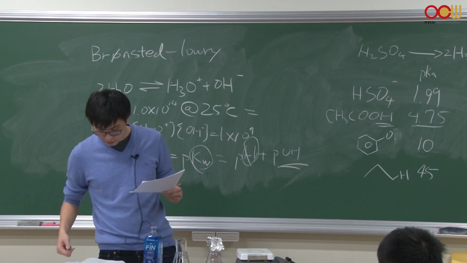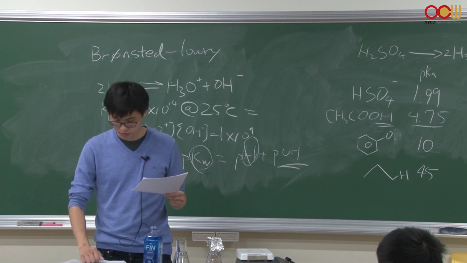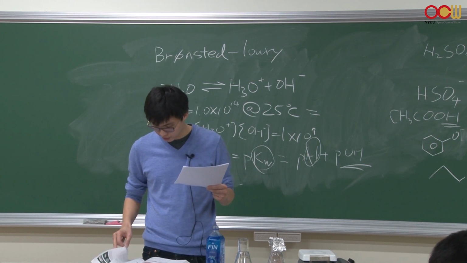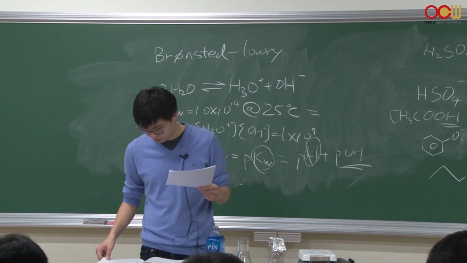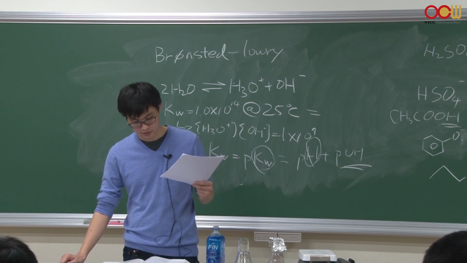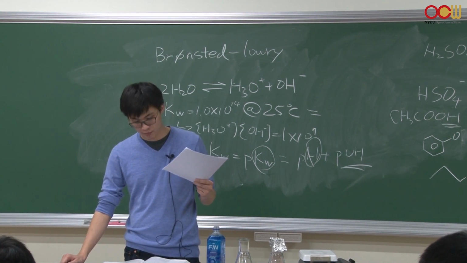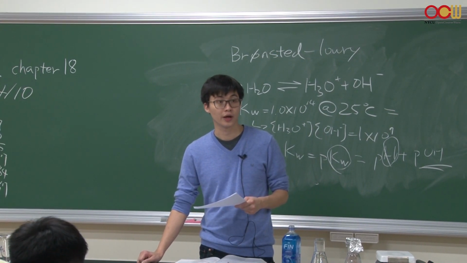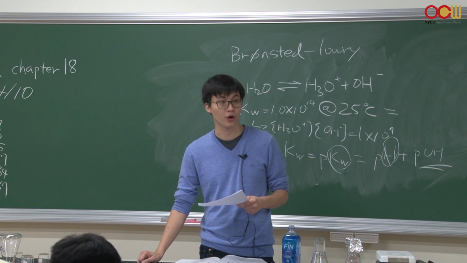I want to look at figure 18.7, which is a page before. It has a nicer figure to describe the proton transfer process for the Bronsted-Lowry acid and base. Okay, so we remember water. If you remember how to draw the Lewis structure, now you see why the Lewis structure is important, right?